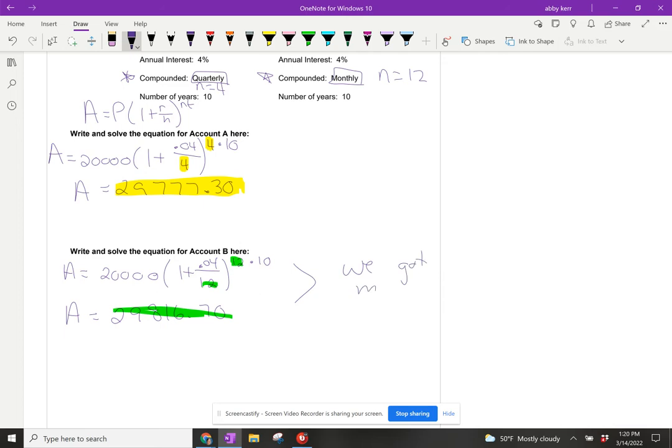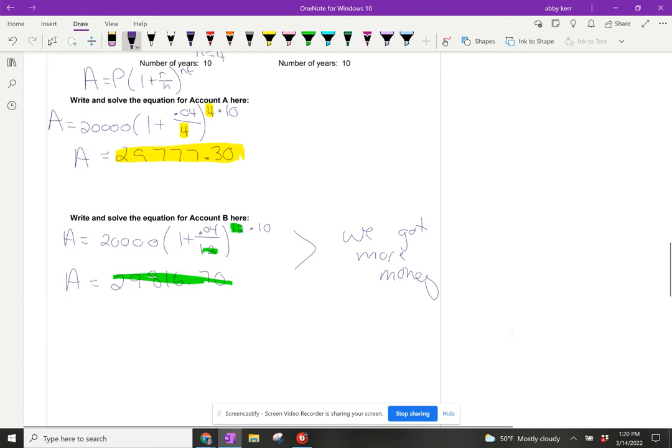We got more money this way. So when you have compound interest, the more it's compounded, like 12 times a year, the more money you're going to get. And I understand it's only like $40, $50 more, but still it's more money. So just kind of keep that in mind when we're comparing.